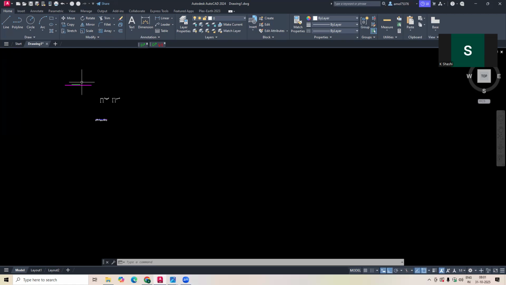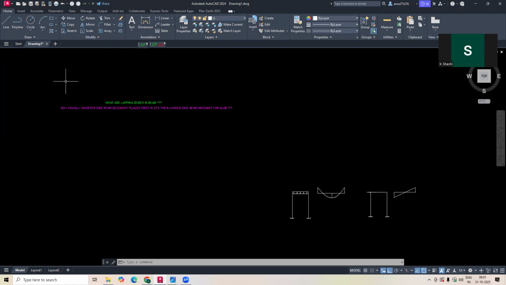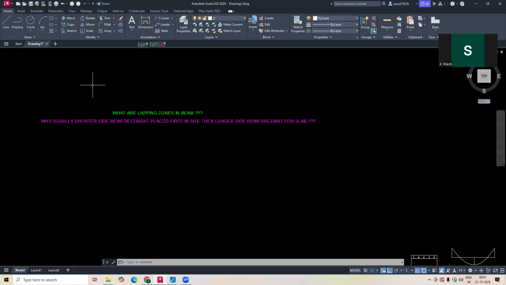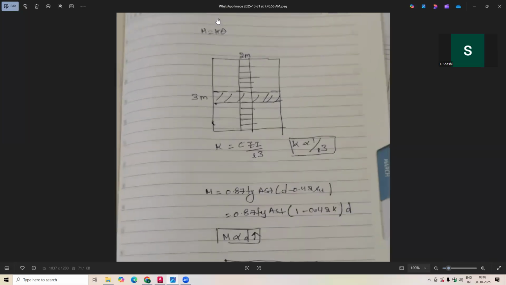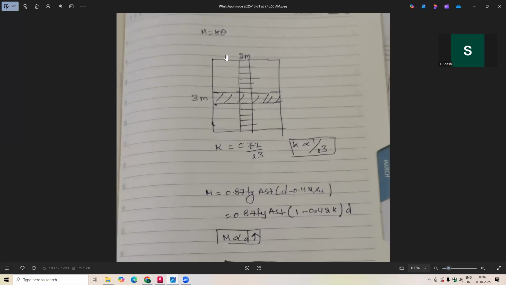Regarding our second question, why is the shorter side reinforcement usually placed first, inside, and then the longer side beam for a slab? For this, I have considered the basic concept of moment. M is equal to K theta, which all depends upon the stiffness of the member.